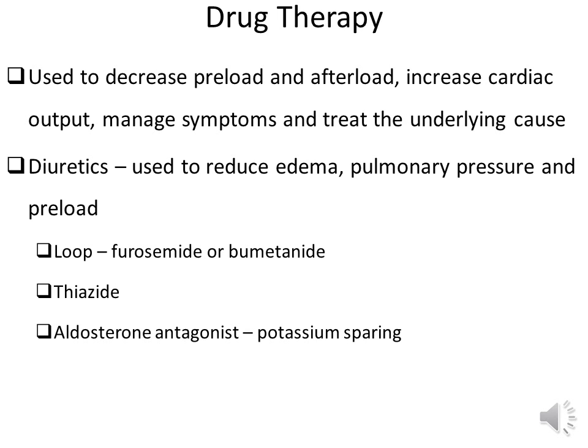So when we get the fluid that's in the interstitial space, we start pulling that into the renal tubules and excreting it. So we pull out of the interstitial space and then out of the vascular space. We get rid of that extra circulating volume. That decreases preload. And when I decrease preload, I decrease pulmonary pressure because there's less blood to back up into the lungs. And I can do that with a loop diuretic.